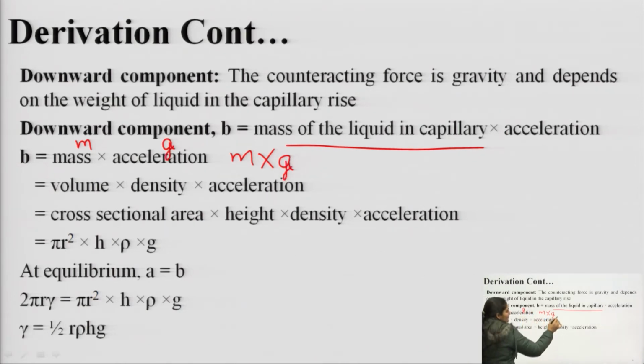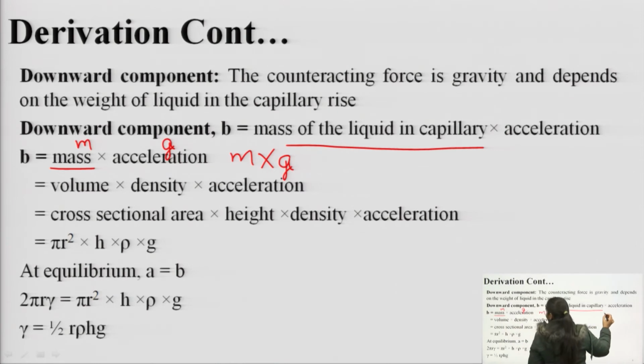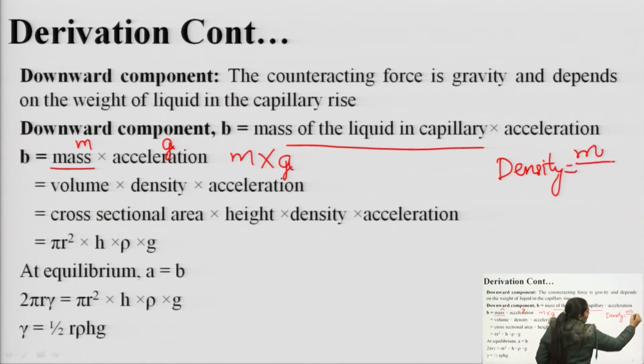g. Okay. So, density is equal to mass divided by volume. So, mass will be equal to volume into density.